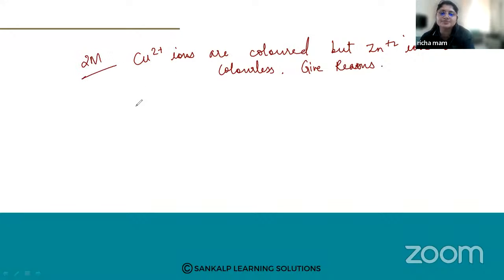Copper is 29, so it is argon 3d10 4s1. Zinc is 30, argon 18 3d10 4s2.